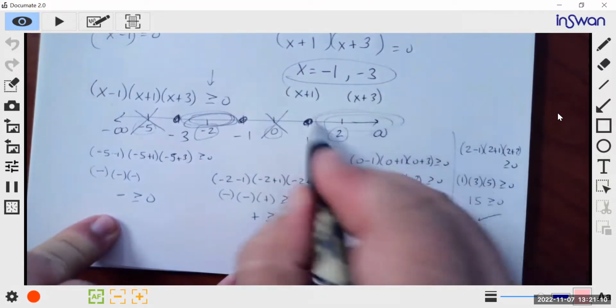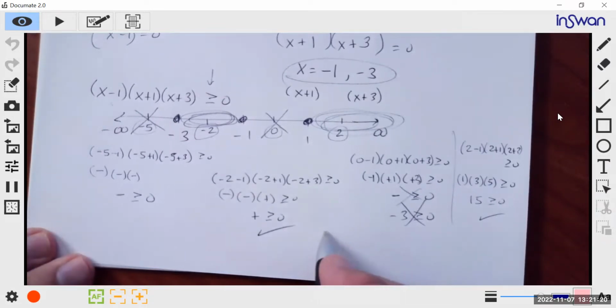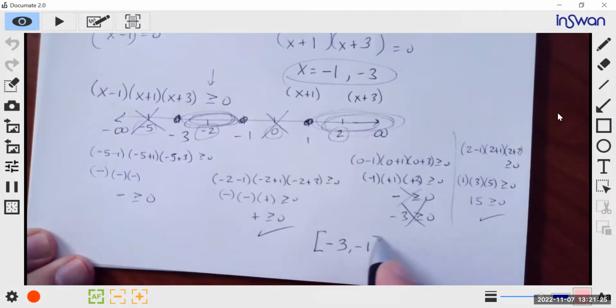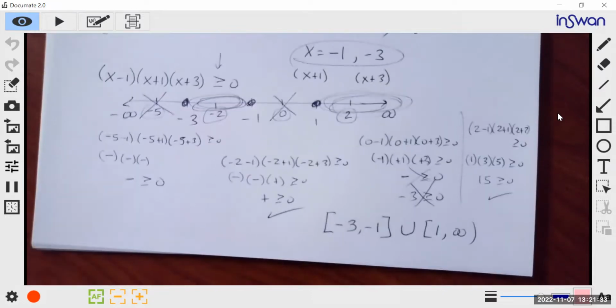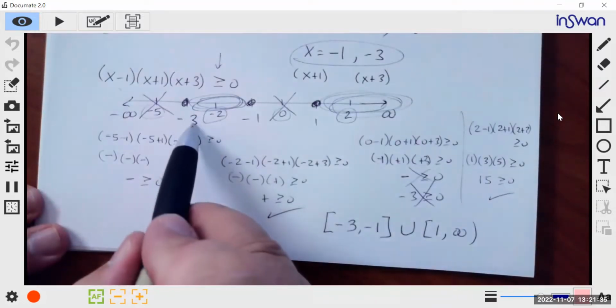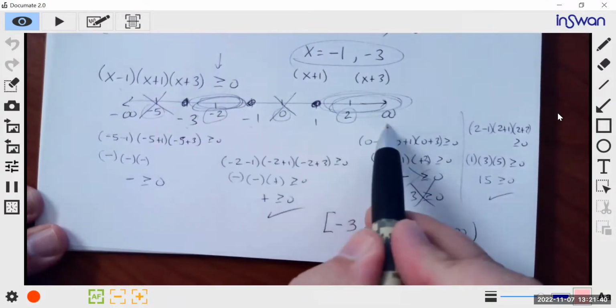So all those numbers there work. So what's my solution? I look at -3 to -1, and then from 1 to infinity.